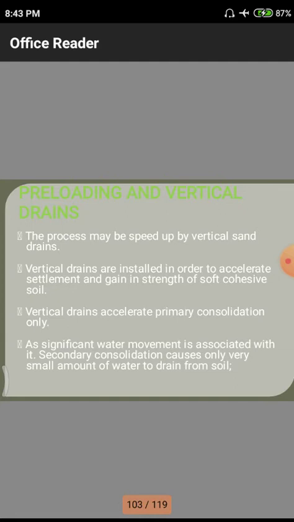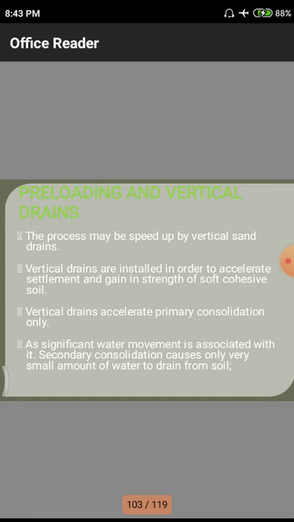Next one is, vertical drains are installed in order to accelerate the settlement of and gain strength in soft cohesive soil. What does the term accelerate mean? In some chemical reactions we use an accelerator to speed up the reaction between the solute and solvent.